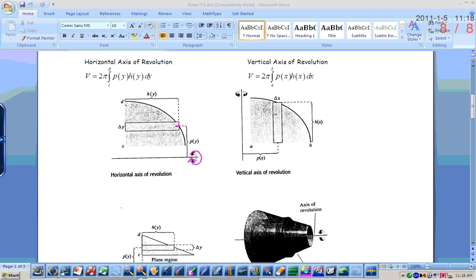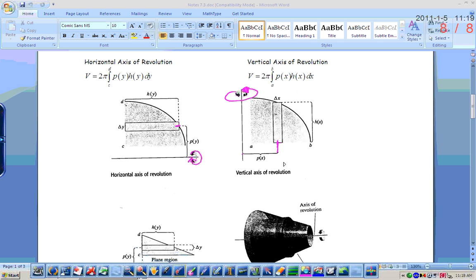And then if you were going to revolve this region around a vertical axis of revolution, then you would need a vertical rectangle. So you're still going to integrate 2 pi, h is still the length of the rectangle, but p is going to be the distance from the axis to the center part right here.